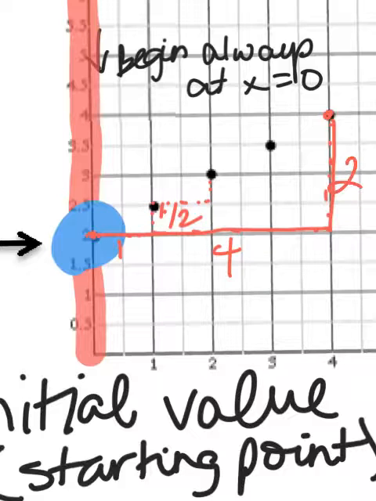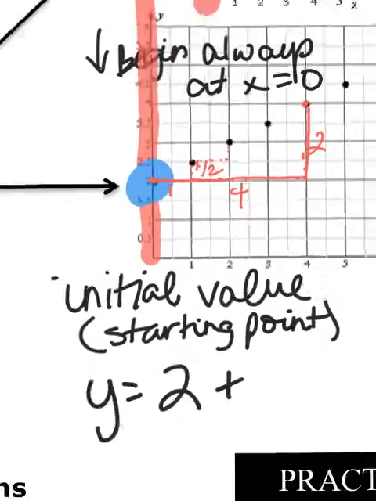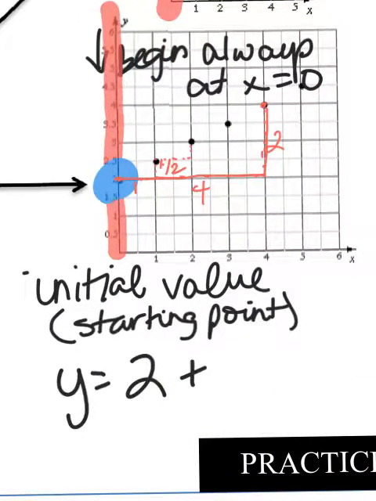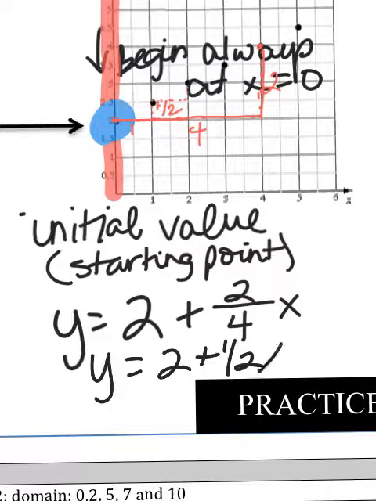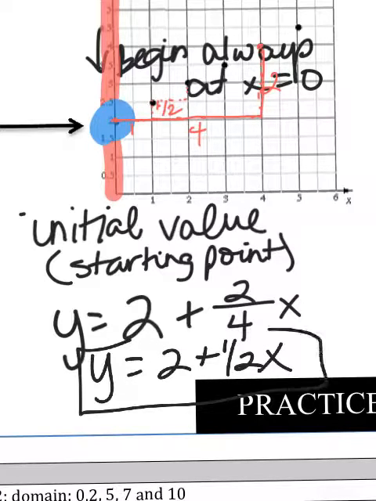Okay? So every time I moved over 4, I went up 2. So for every 4 I had an input, I had 2 an output. And we're going to simplify that. So our function for that is y equals 2 plus 1/2 x. Okay? We're going to do lots of drawing today, so don't fret.